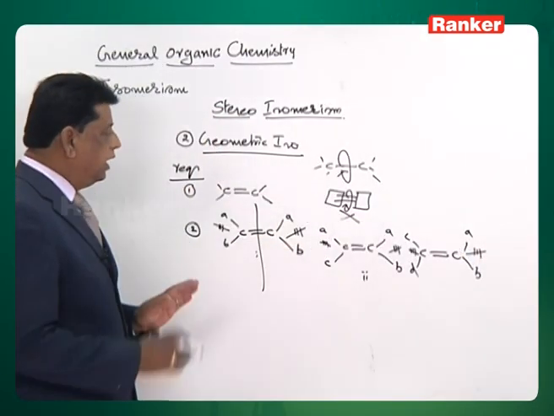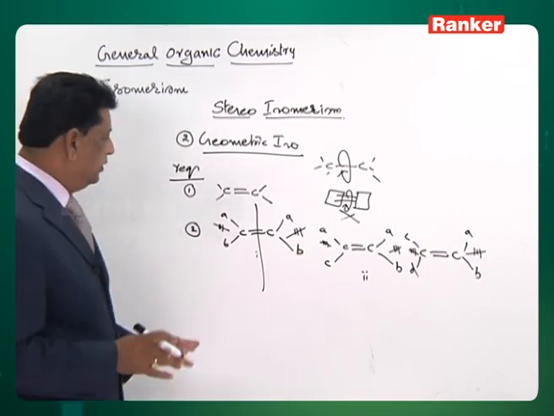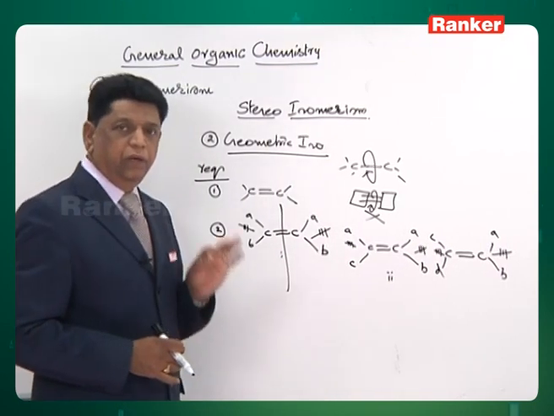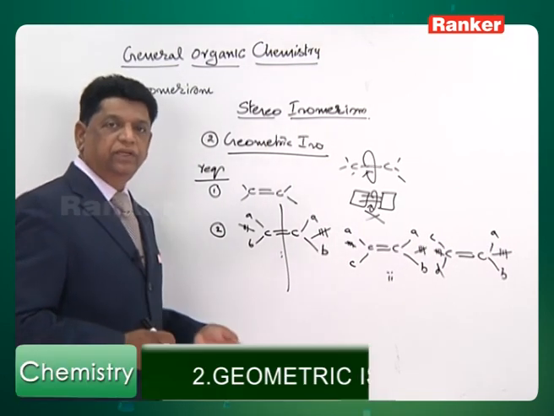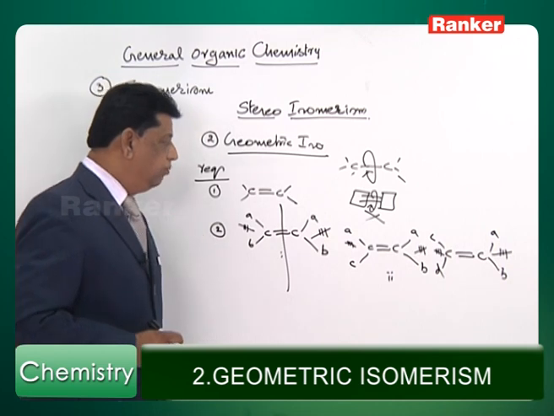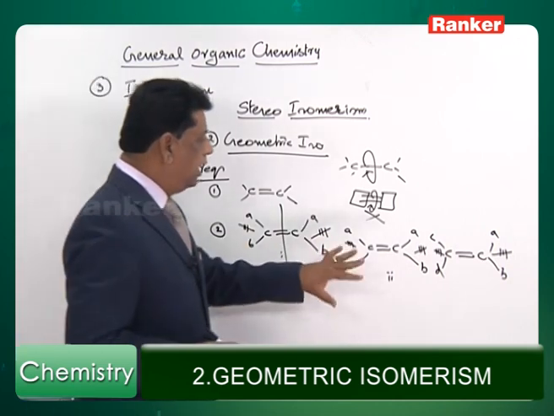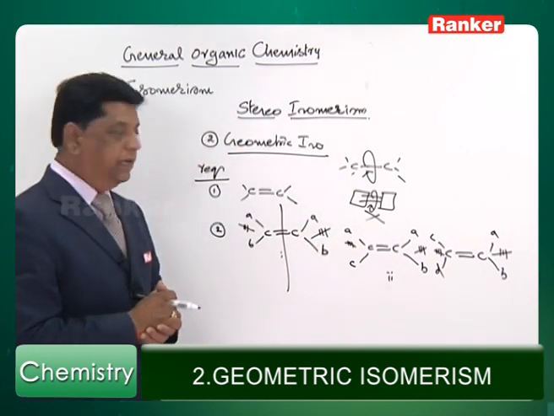Unidentical groups on both sides is a must. If on one side A is repeated or B is repeated, any group repetition on one of the sides makes the compound non-eligible. On both sides, unidentical groups.